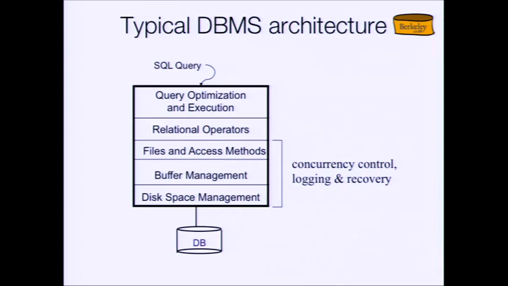It might be a magnetic disk, but we'll just draw it like a can. Here is your code that's requesting data: read next block of file F. There's some code in your system that wants to do that.